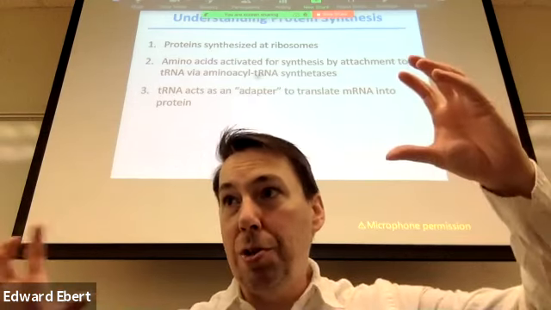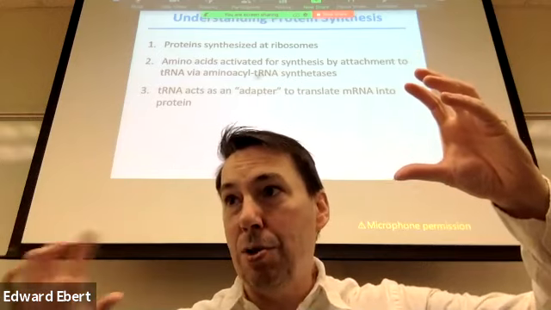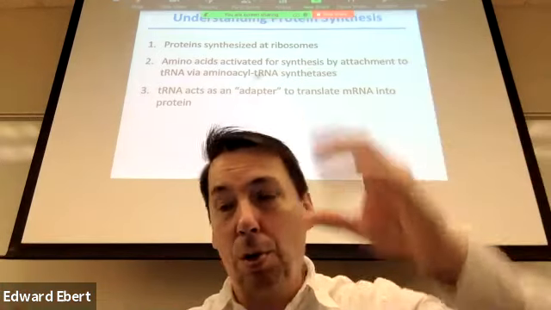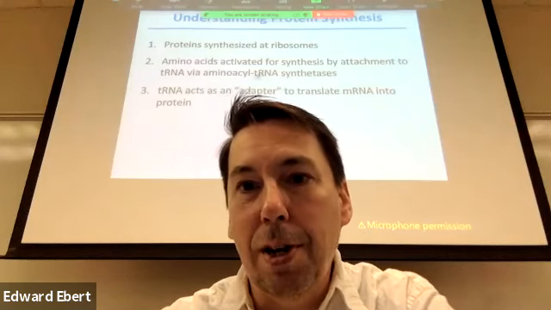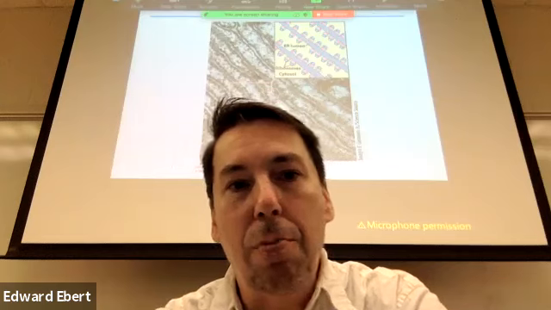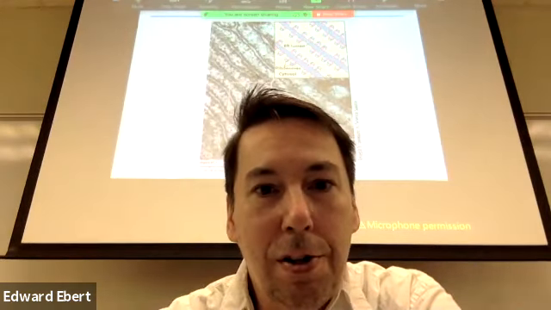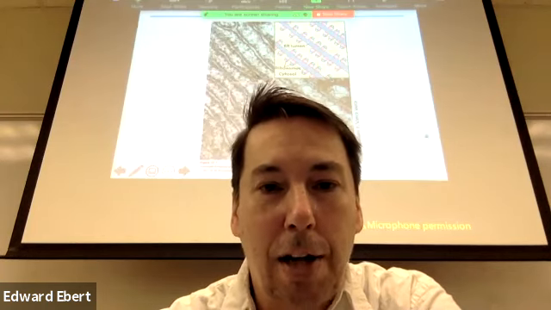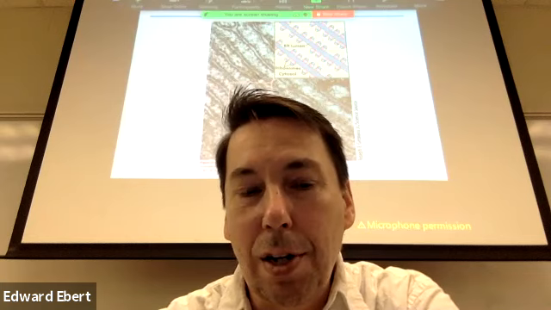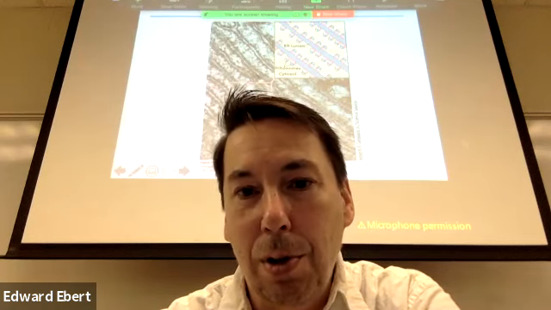It has a region on it that will recognize the messenger RNA and bring the corresponding amino acid into position. If we take a look at an electron micrograph of the ER, you can see all those little dots along the ER. Those are all our ribosomes that are actively synthesizing protein. So you can see it as an ongoing process.